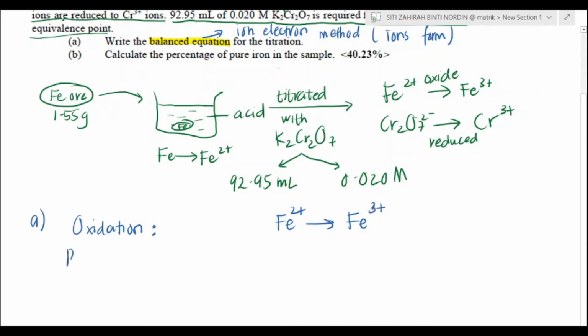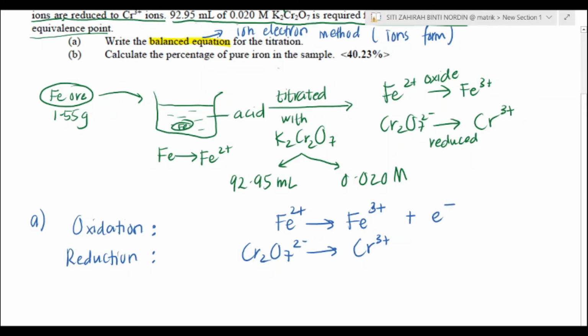And for reduction, there would be Cr2O7 2- to form Cr3+. So balance the oxidation and reduction half equations. We need to add one electron at the product side of oxidation.